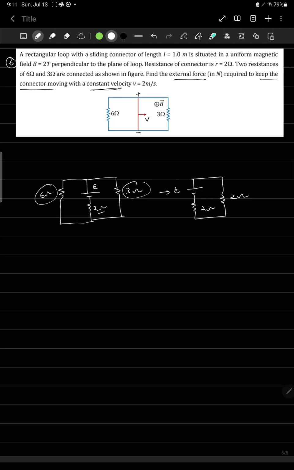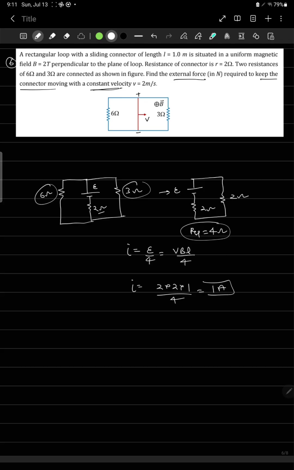So what is the R equivalent of the circuit? 2 plus 2, now they are in series, so R equivalent is 4 ohm. So the current in the circuit is E by 4, where E is VBL. The V value is 2, magnetic field is 2, length is 1, so 4 divided by 4, it is 1 ampere. So everything is given in the question.